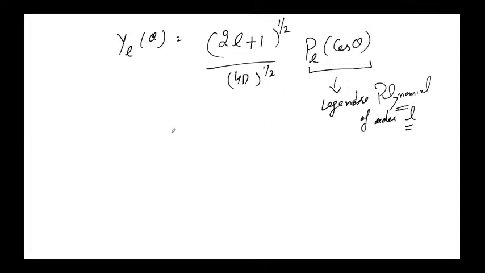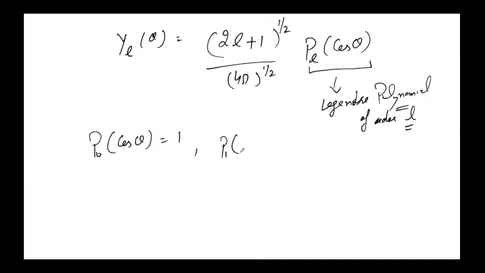The square of this spherical harmonic function gives us the angular dependence of the probability density of our nucleons. The value of the Legendre polynomial for L equal to 0 is 1, for S wave scattering.